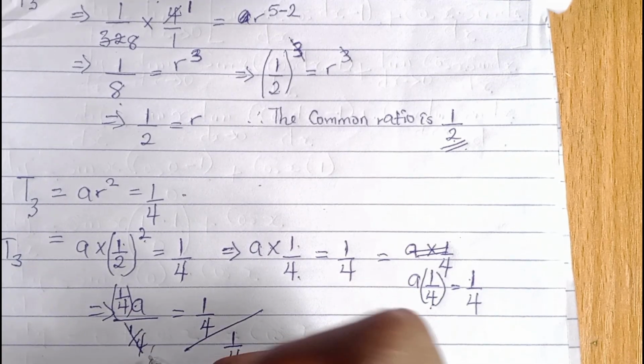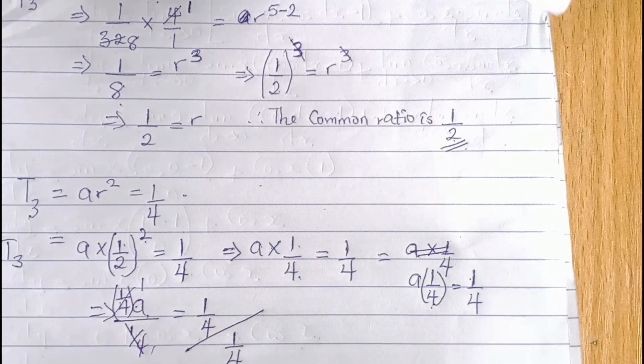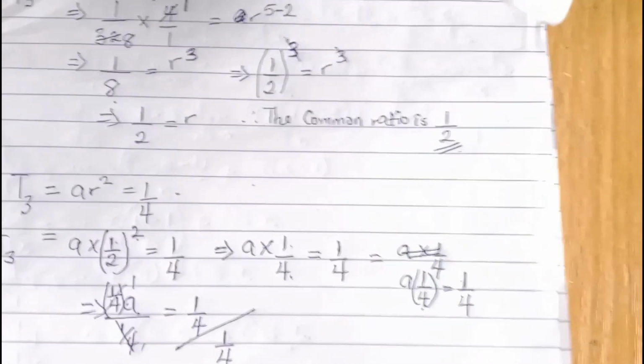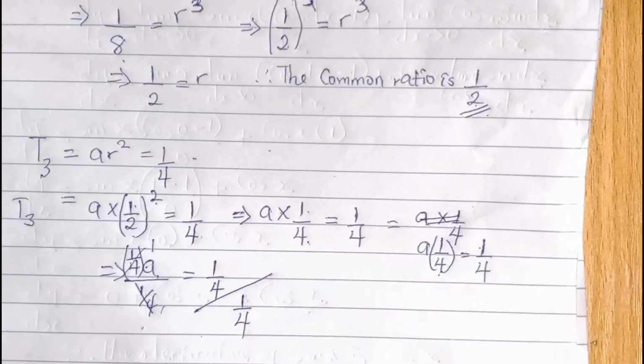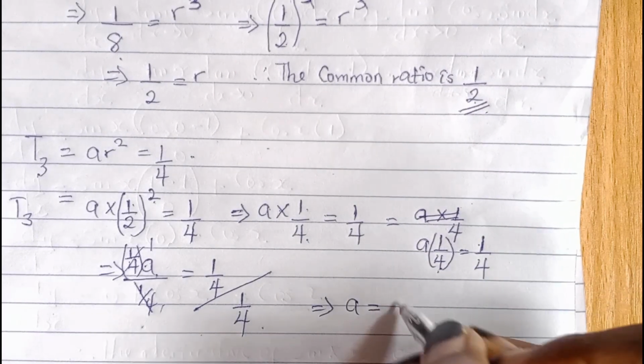On the left we are left with only A, since 1/4 divided by 1/4 is the same thing as 1. On the right, 1/4 divided by 1/4 is what? 1. So we have our first term as 1.